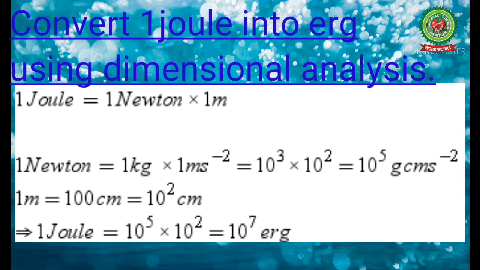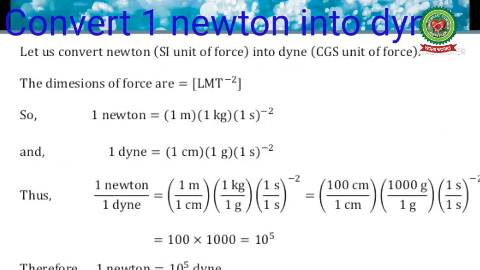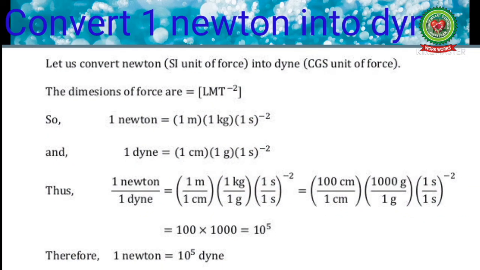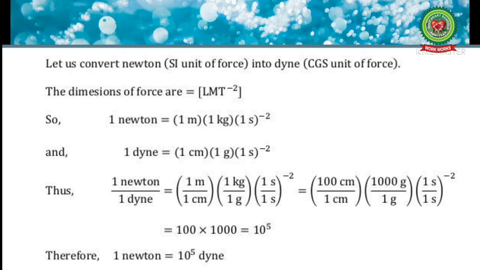Children, I hope you have understood the example. Let's take another example. Convert 1 Newton into dyne. Children, as you know, the dimensions for force are MLT minus 2 and 1 Newton is equal to 1 kg into 1 meter per second square. Children, the CGS unit of force is dyne, so it's equal to 1 gram 1 centimeter per second square.